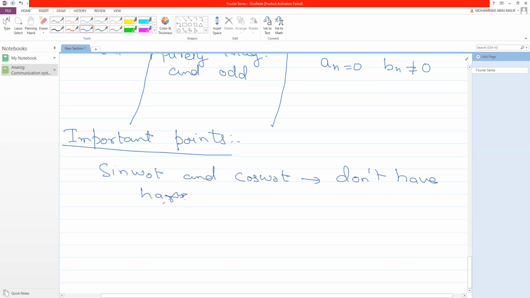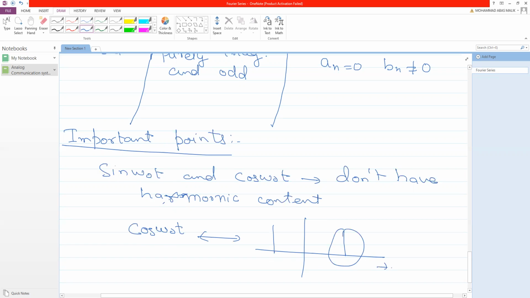What is the reason for this? Because for finding the harmonics, you convert the time domain signal into its frequency domain. On converting cos omega naught t, you get a spectrum like this, in terms of n.